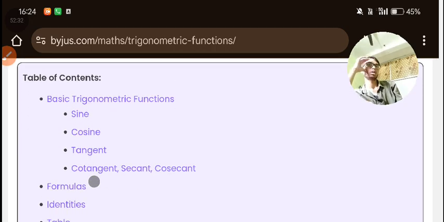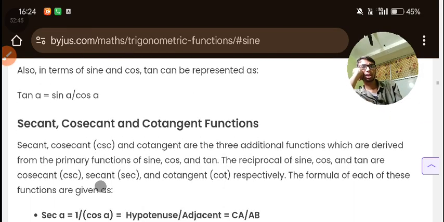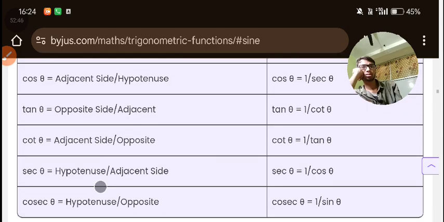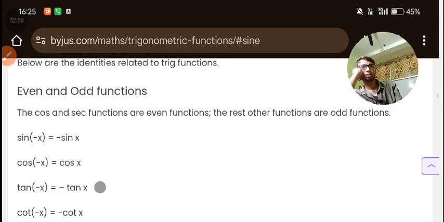Table of contents: sine, cosine, tangent. What is a sine? Tan function, we are familiar. Even odd function.